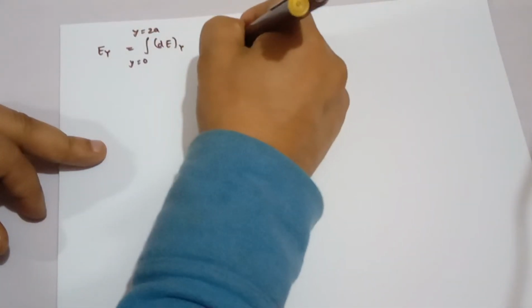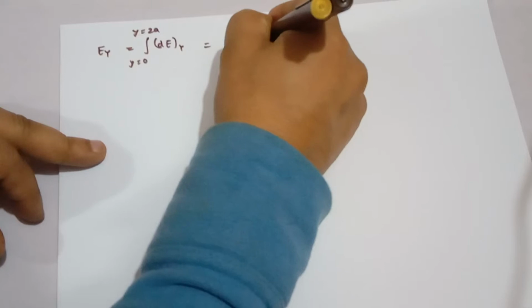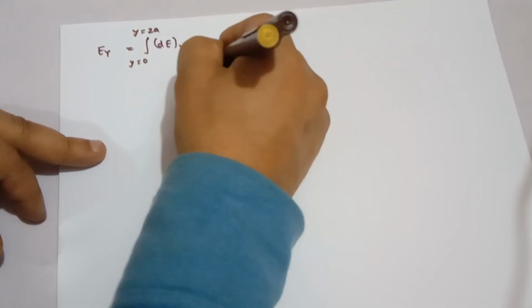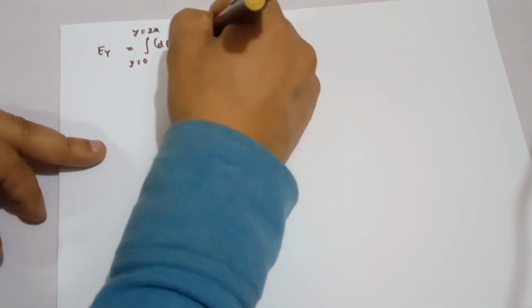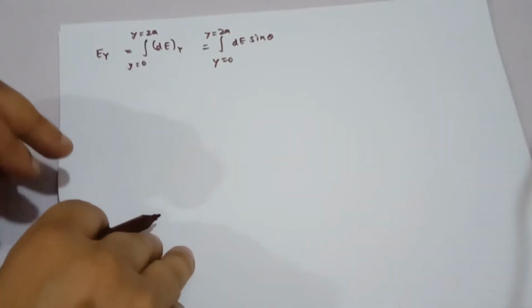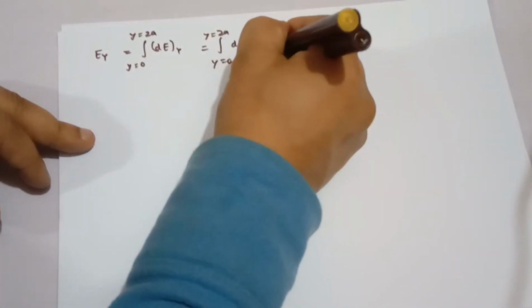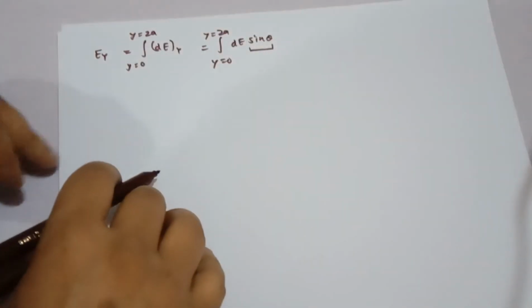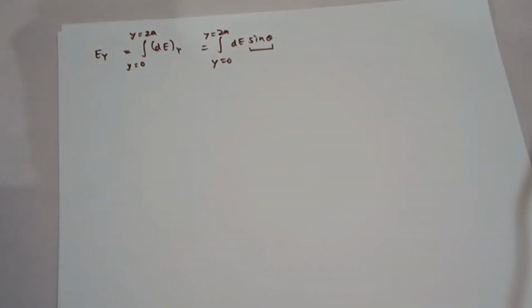So that is nothing but dE into sine theta. We already know this thing, and then y is equal to 0 to 2a. So that is also very simple. Just put the value of sine theta and dE. We know it very well.